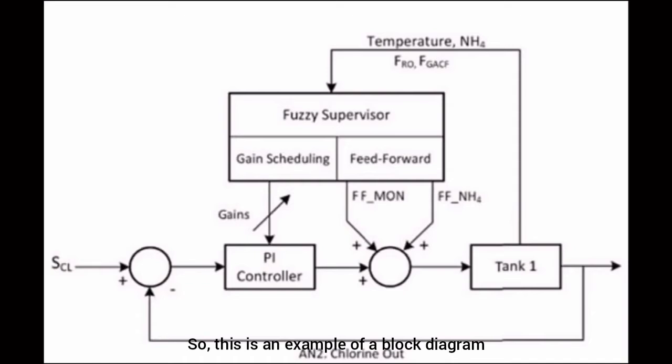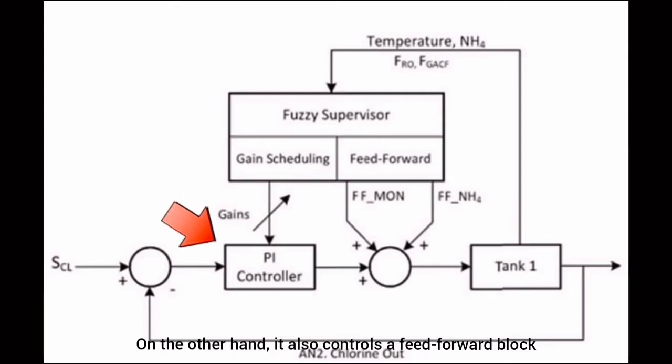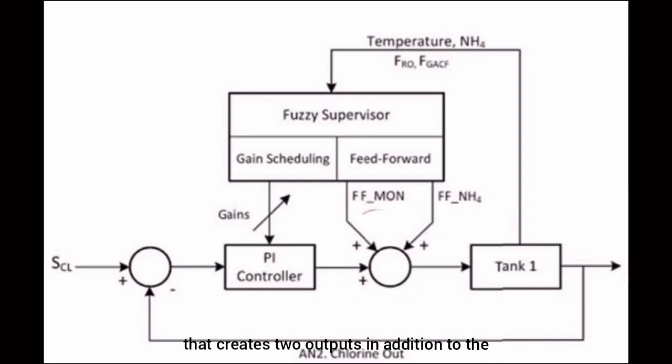This is an example of a block diagram of the control implemented for the tank. The fuzzy supervisor controls a block of variable gains, which is used as the input for the PI control. It also controls a feed-forward block that creates two outputs in addition to the PI controller's control signal.